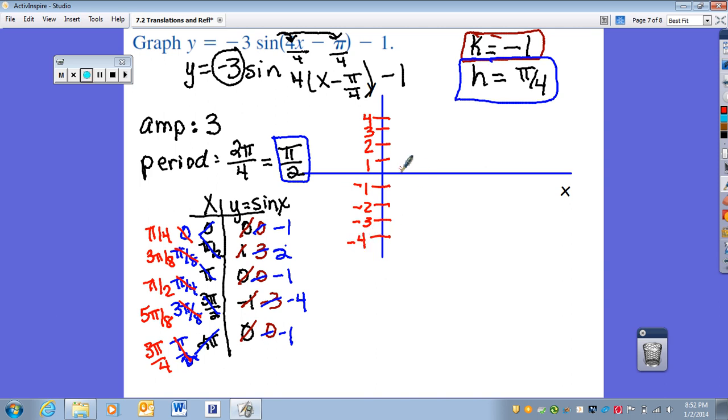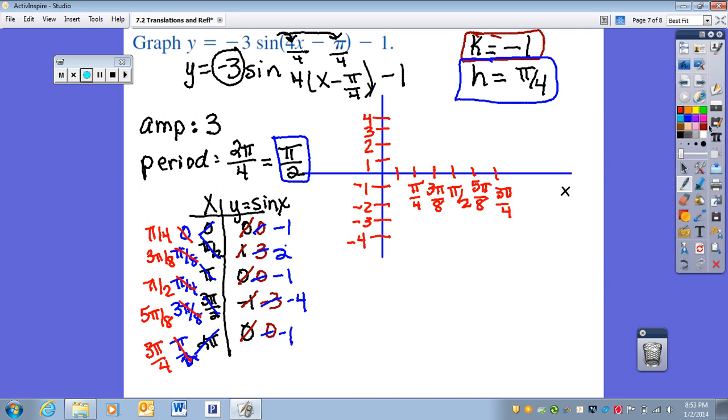And we want to go by eighths actually to make our units even. So this is going to be pi over 8, and then we have pi over 4 where our graph is going to begin, and then 3 pi over 8, pi over 2, 5 pi over 8, and 3 pi over 4.